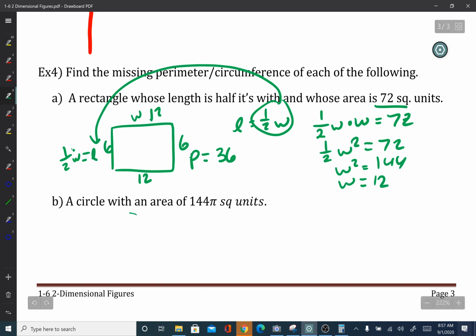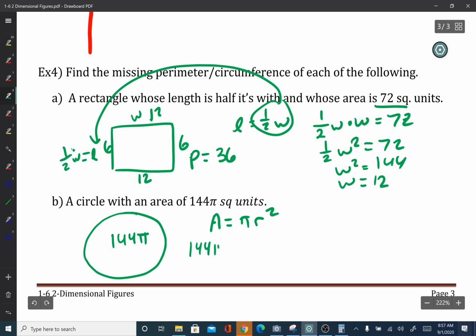All right, so I got a circle with an area of 144 pi, right? Well, I know that area equals pi times radius squared. So I know that 144 pi, that's the area, is equal to pi times whatever the radius is squared. Divide both sides by pi, that will knock off the pi's, right?